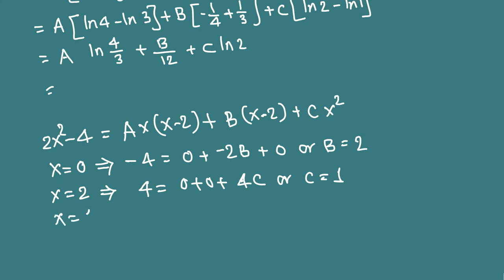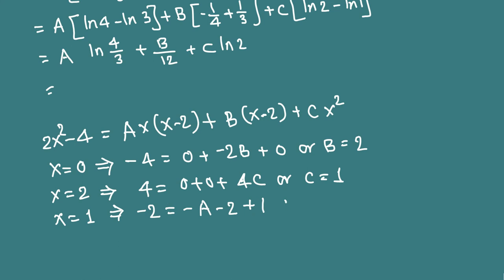Let's take x equals 1. Then 1 squared is 1, 2 times 1 is 2, minus 4, negative 2, equals a times (1 minus 2), negative 1. 1 times negative 1 is negative 1a, and negative a is unknown, plus x equals 1: 1 minus 2 is negative 1, negative 1 times b, which is 2, negative 1 times 2 is negative 2, plus c is 1, 1 squared is 1.